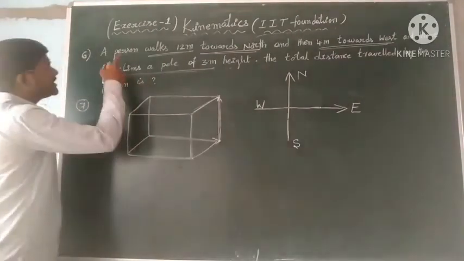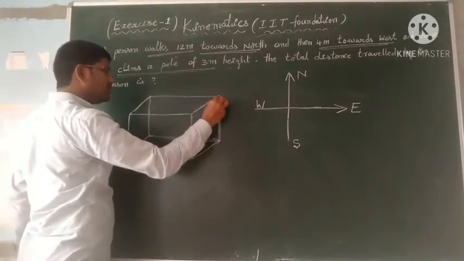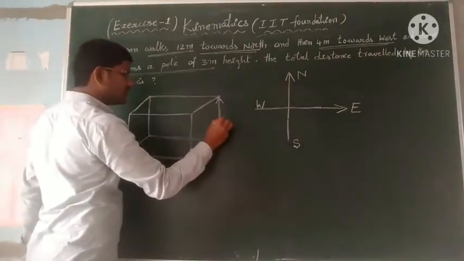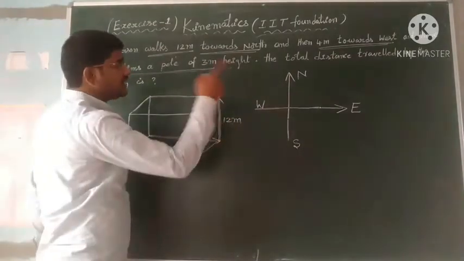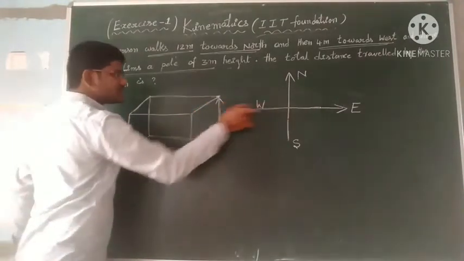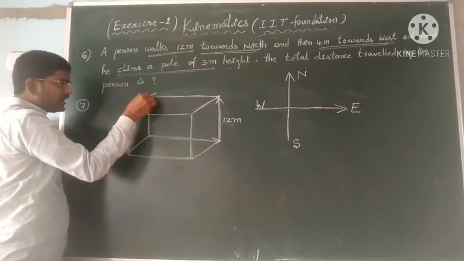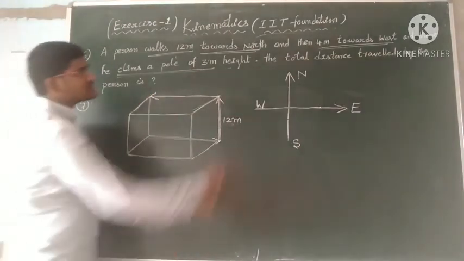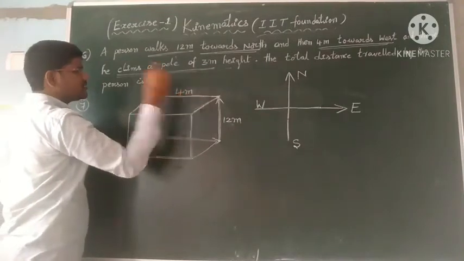Now see students, a person walks 12 meters towards north. From here to here, this is the north direction. So he covered 12 meters towards the north, and then 4 meters towards the west. West means this side, no? Here he took a turn, 4 meters towards west.